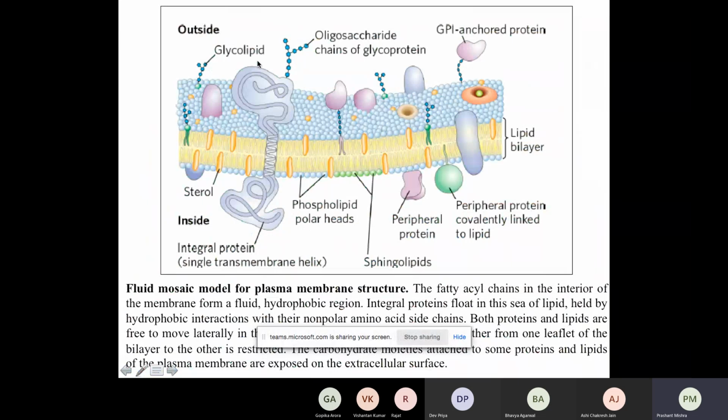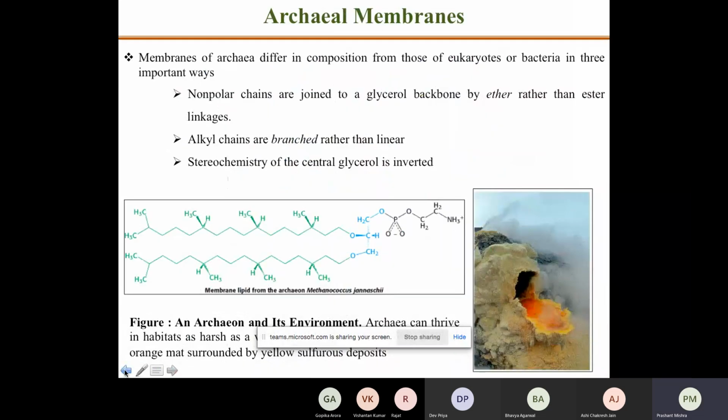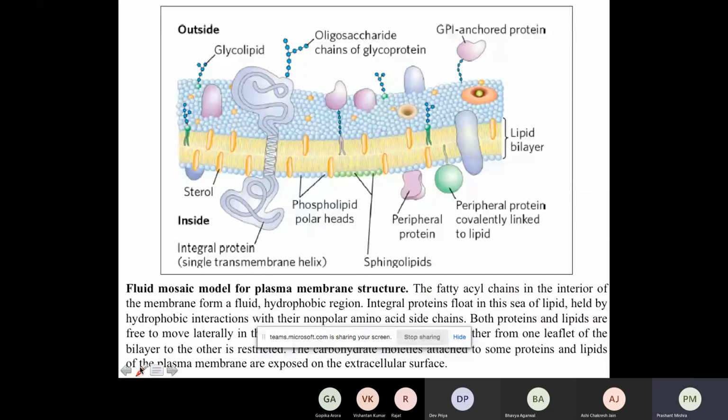So you have understood that there are certain proteins which go across the membrane, and they are integral proteins. Integral protein means if I want to remove this protein, I have to break the membrane. Otherwise, they are interacting with the membrane lipid. The portion which is present in the membrane, this part of the membrane protein, what should be the nature of this part?